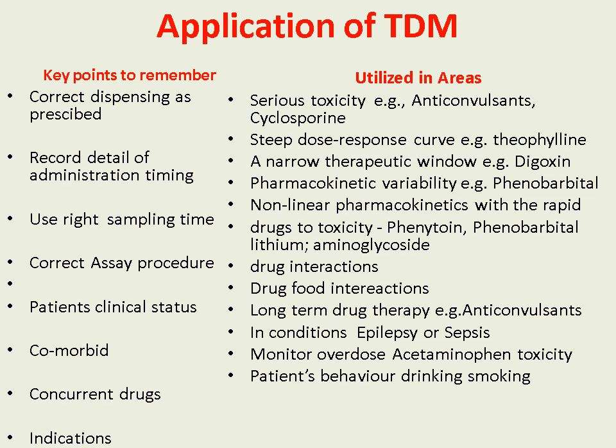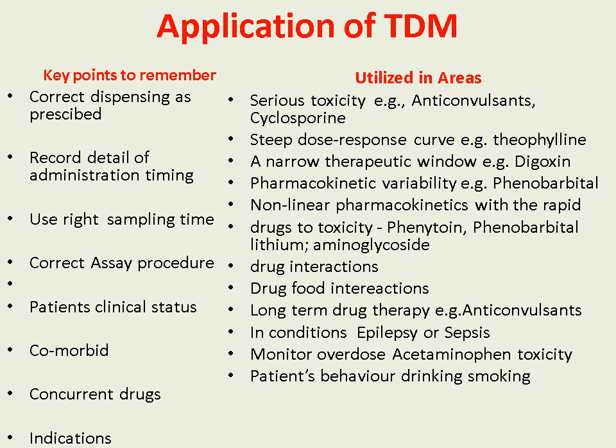Now on the right hand side there are some areas where TDM has shown its relevance. So the first important area is the serious toxicity that is manifested with some drug classes like anticonvulsants and antibiotics.